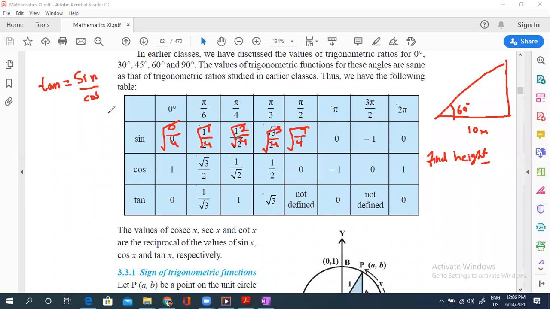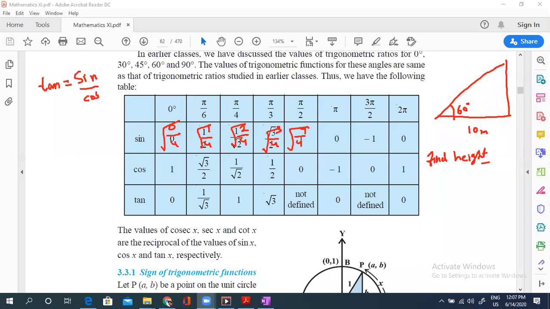So, find height. I told you the value of the angle is 60 degree. The base is 10 meter. Find height. This is how we will use the trigonometric ratios. Yes, Vastav, your answer is right.